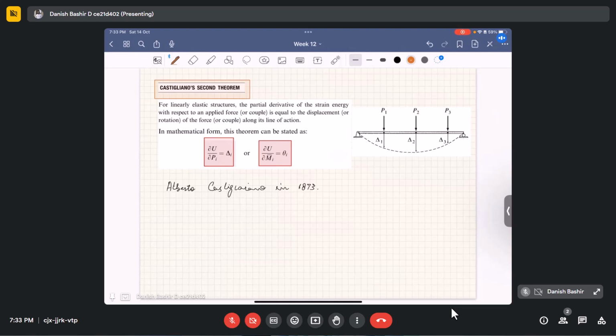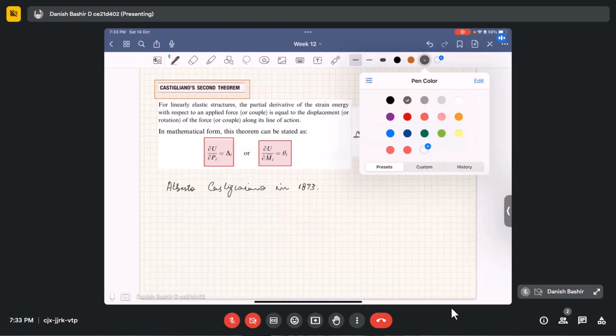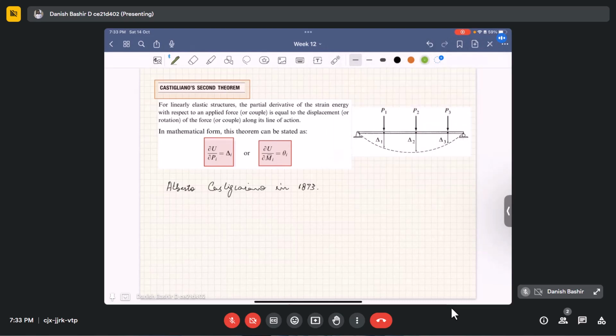The statement of this theorem goes like this. It states that for a linearly elastic structure, the partial derivative of strain energy with respect to an applied force or applied couple is equal to the displacement or rotation of the force or couple along the line of its action.